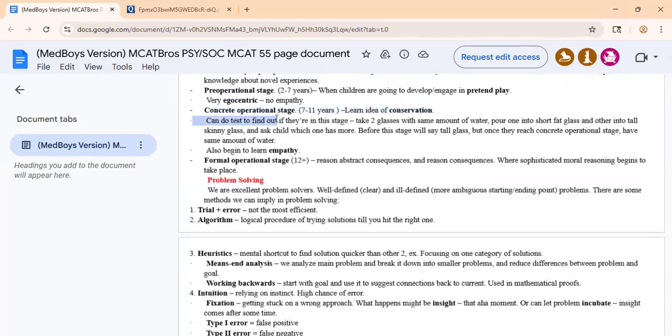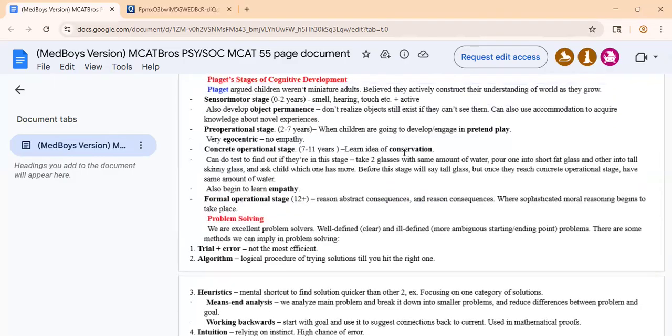In concrete operational, they're going to be learning about conservation and also begin to learn empathy. And from 12 years and up, formal operational, they're going to have more abstract thinking, more reasoning, and consideration of consequences.